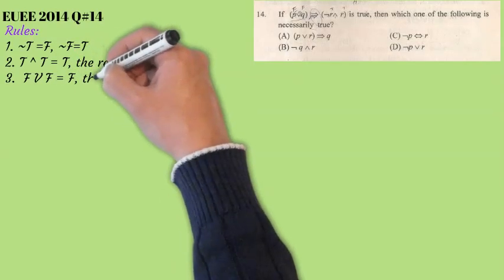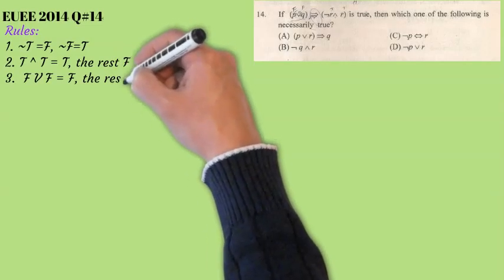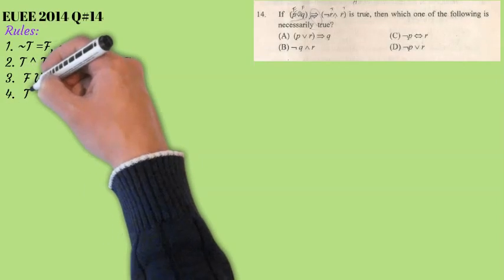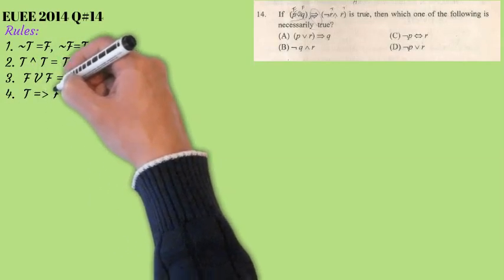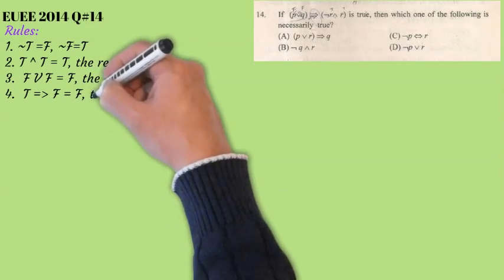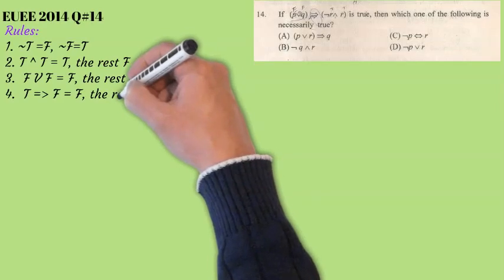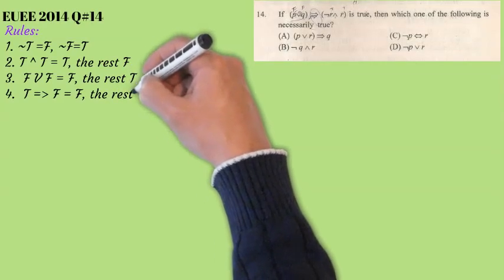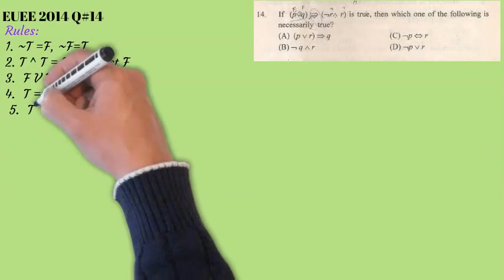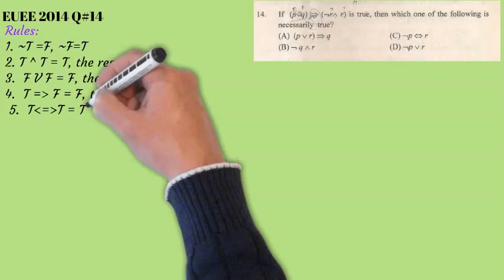ሁለተኛው true and true will give you always true. ሌሎቹ በሙሉ ውሸት ናቸው። እውነትና እውነት ከሆነ ብቻ ነው እውነት የሚሆነው። በኦር ጊዜ ግን true or false ሲሆን false የሚሆነው ሁለቱም false ሲሆኑ ነው። ሌሎቹ በሙሉ እውነት ነው የሚሆኑት። ሌላው ደግሞ true implies false. በኢምፕሊኬሽን ጊዜ true implies false will be always false.